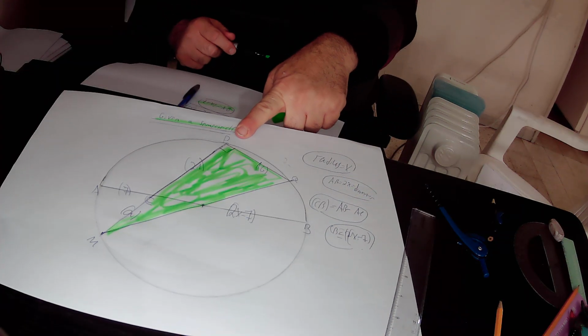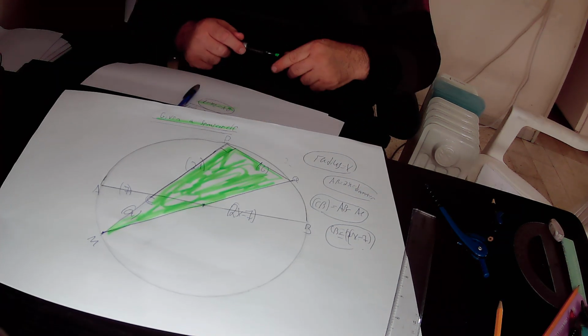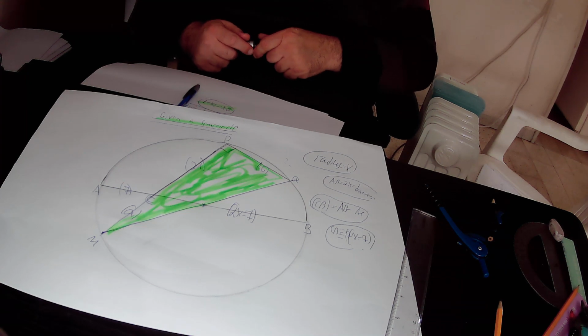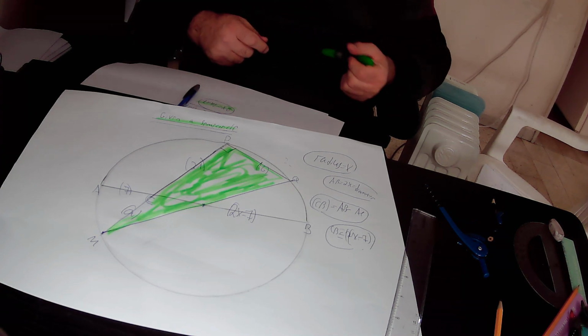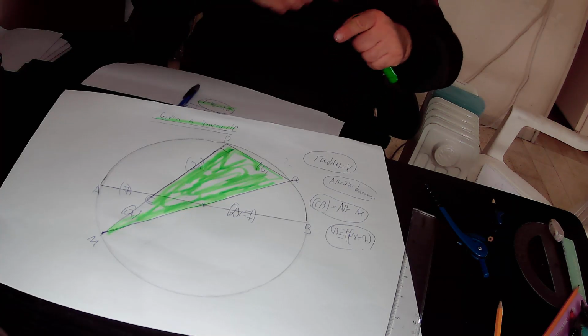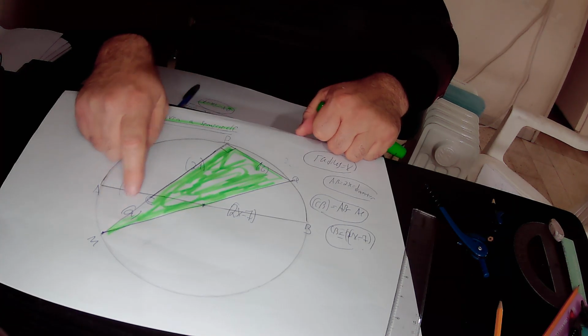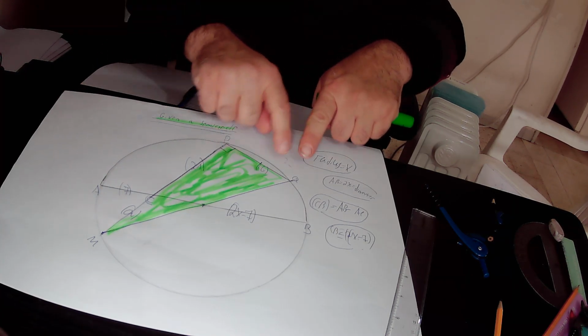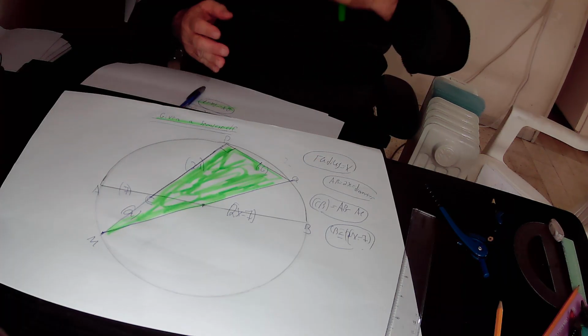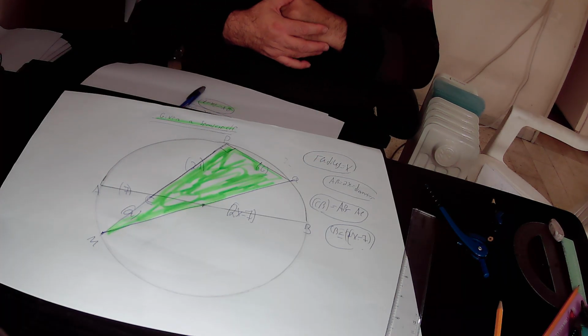This is peripheral angle MPQ, subtending on chord QM, and it equals 90 degrees in size.